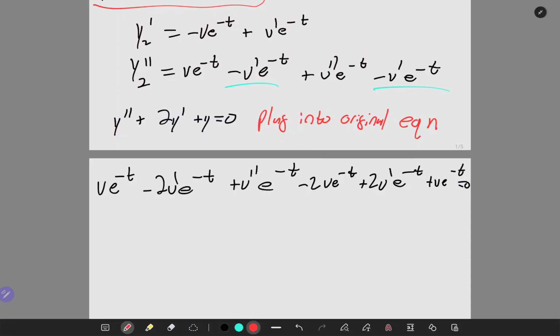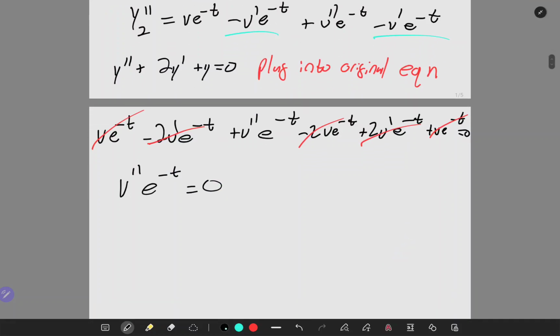So now, what can we cancel? Well, this cancels with this. If you add these two together, they become 2v e to the negative t, cancels with this. And we're left with v double prime e to the negative t is equal to 0.